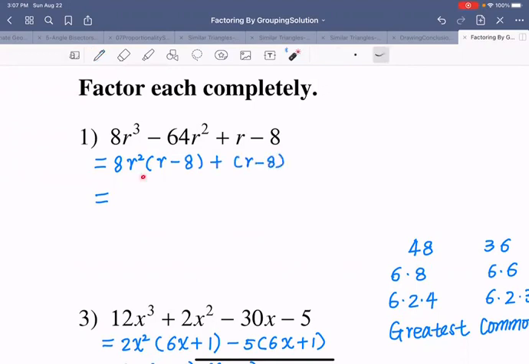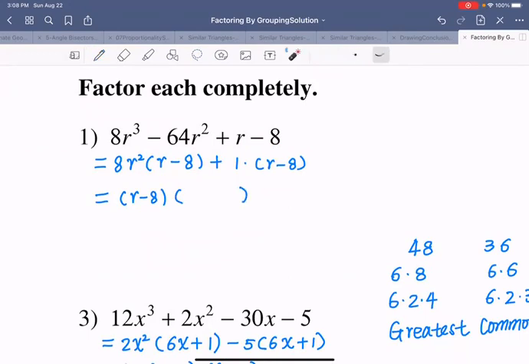Now come to this step. Did you notice that r minus 8 can be treated as a common factor? Okay? And you can see r minus 8 is same as 1 times r minus 8. So you will take out r minus 8 as a common factor.